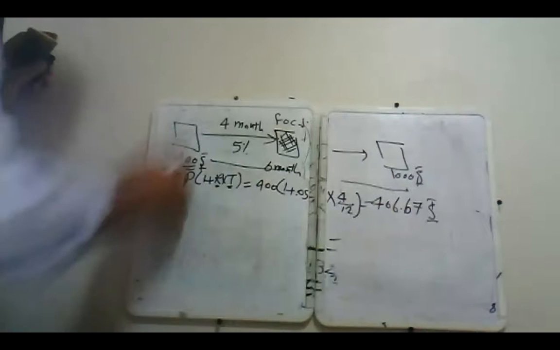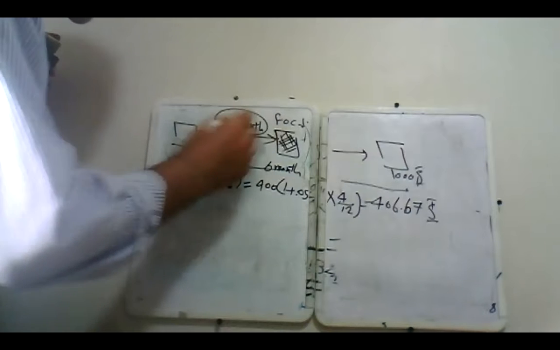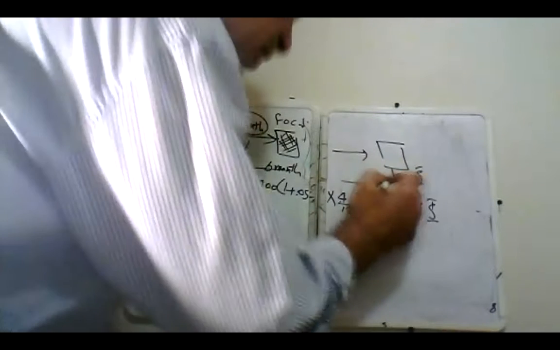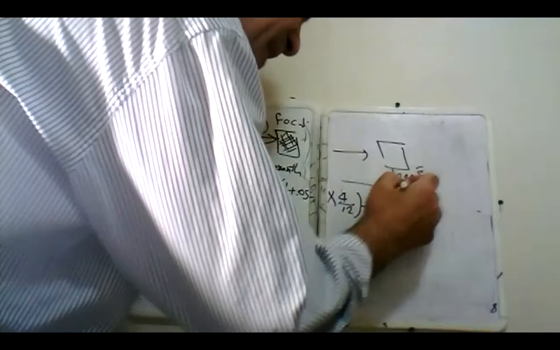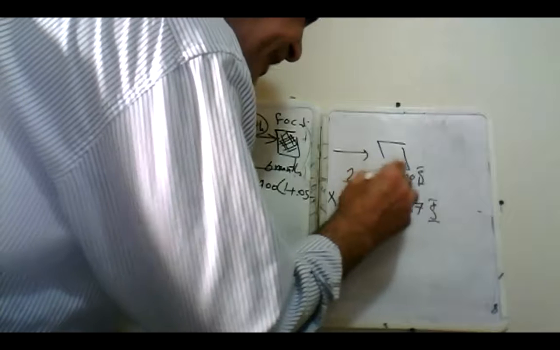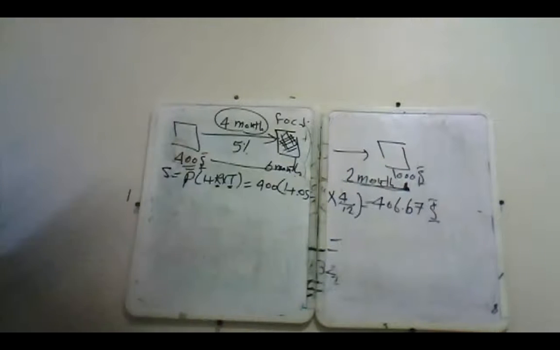All this period of time is 6 months. Out of them, there are 4 months here. Then how long will it be from the maturity date till the focal date? Only 2 months. How did I calculate it?